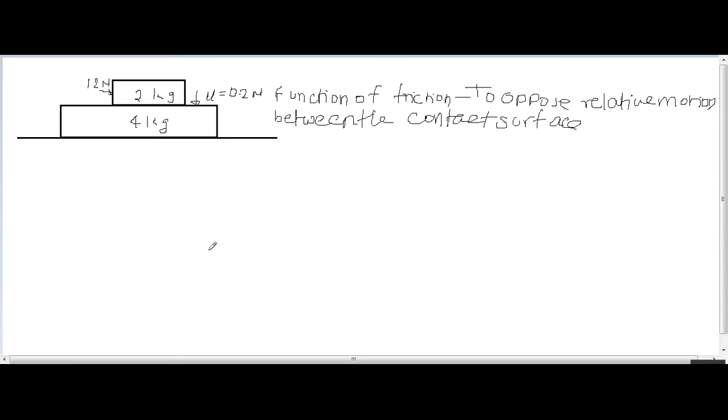Now, first we have to determine the direction of friction. To do it, we assume that there is no friction between any contact surface.